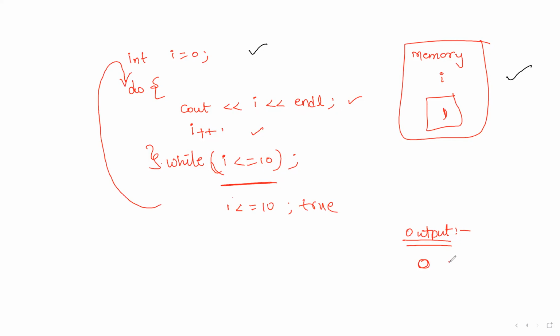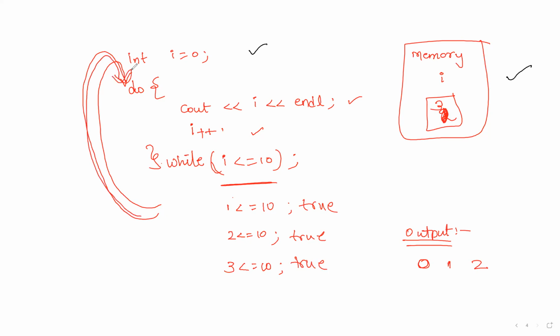Print the value of I, which is 1 now, and then increment I by 1. The value inside memory is going to be 2. Then check the loop condition. This time 2 is less than 10, which is true. Then go back to the do while loop. Now print the value of I, increment I by 1, check the loop condition, 3 is less than or equal to 10, true. And go back to the beginning of the loop.